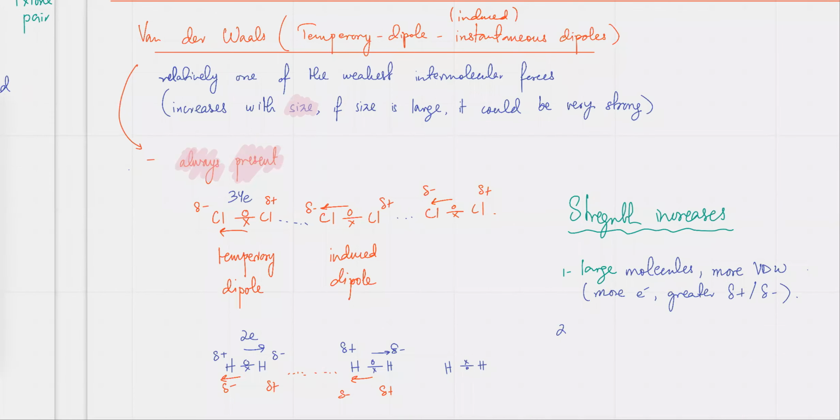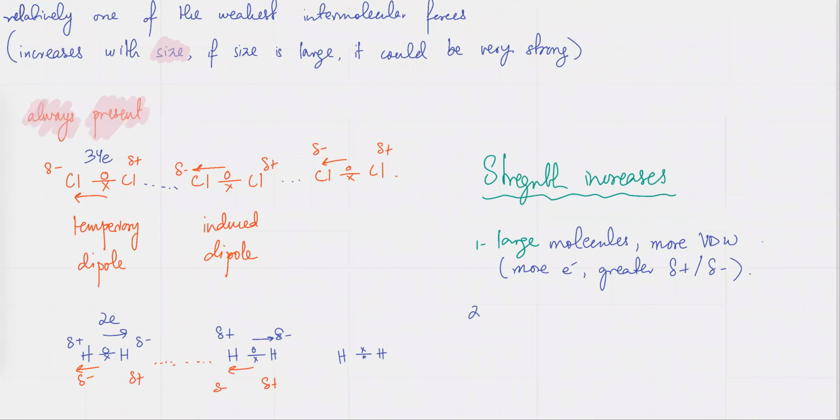And the second factor is more of an organic factor. In organic chemistry, you're going to learn about that. Greater surface area means you're going to have more van der Waals forces.